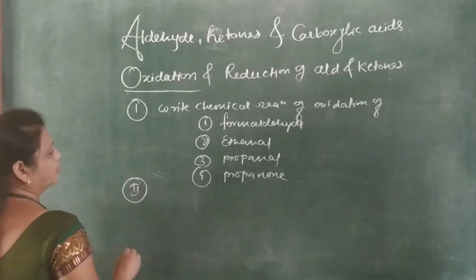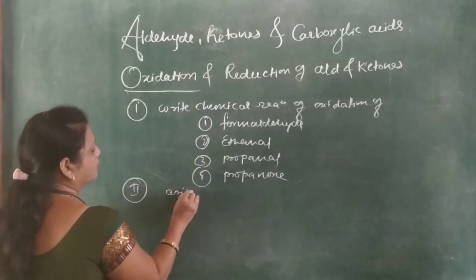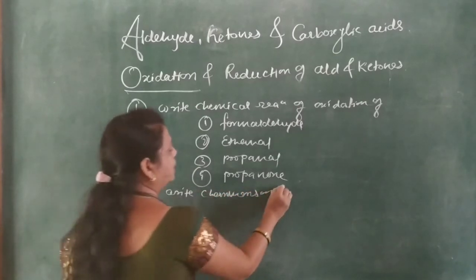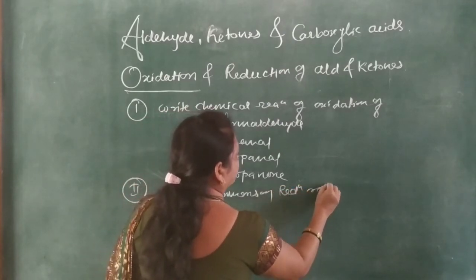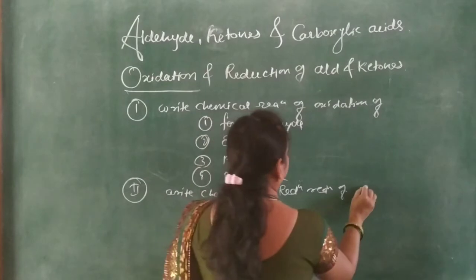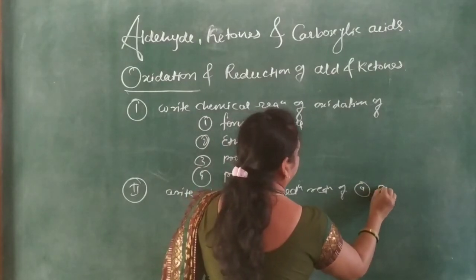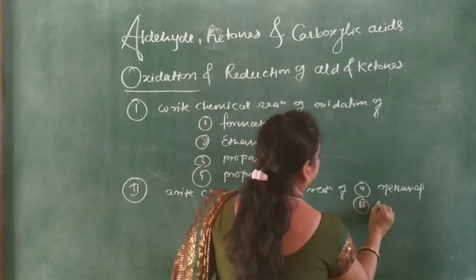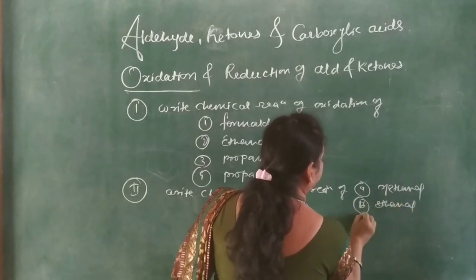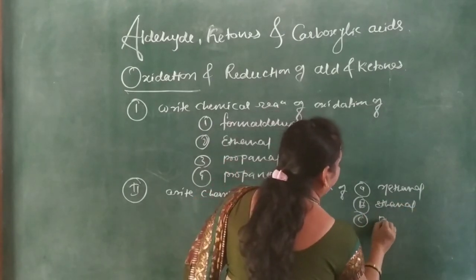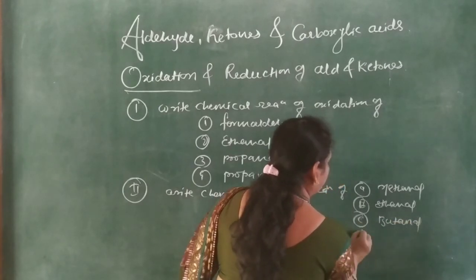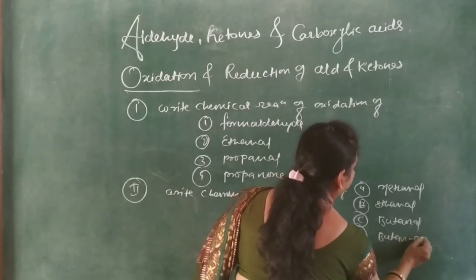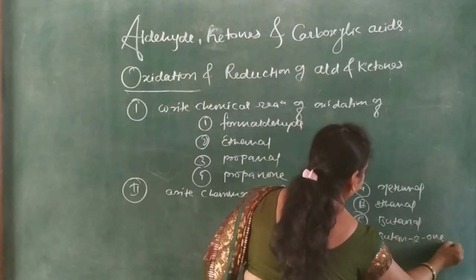Then second, write Clemmensen reduction reaction of A methanol, second B ethanol, C butanol, and D butane 2-one.